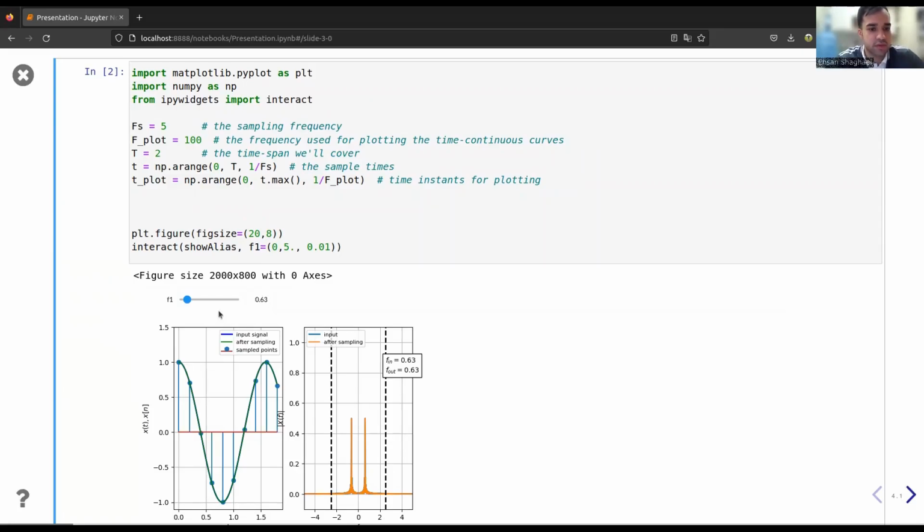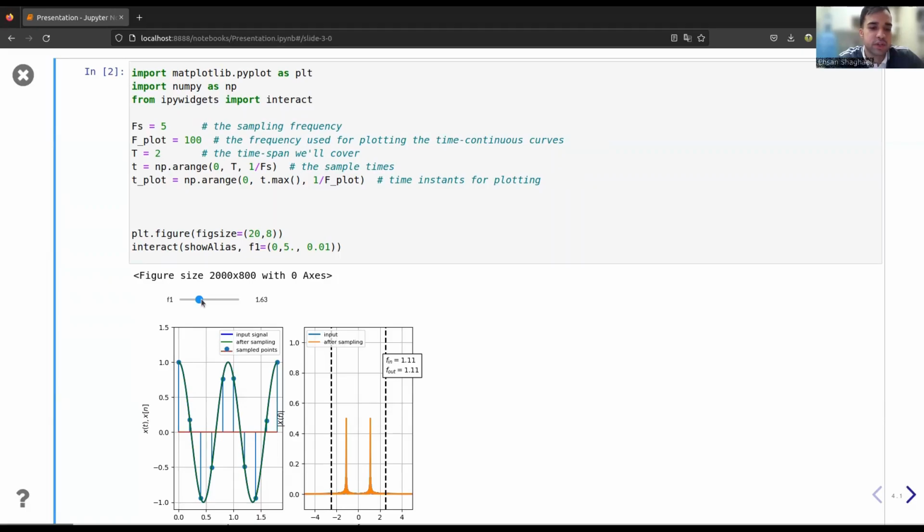And if we have a sampling of 500 hertz, we would expect enough samples to give us an idea of what the actual signal is. And if we increase our frequency, we will have fewer samples for each cycle.